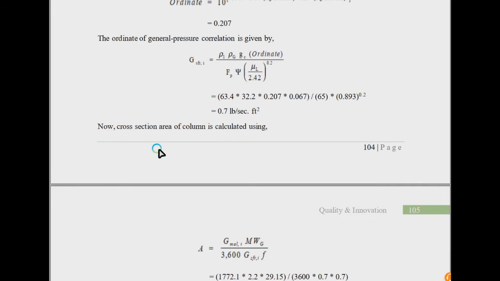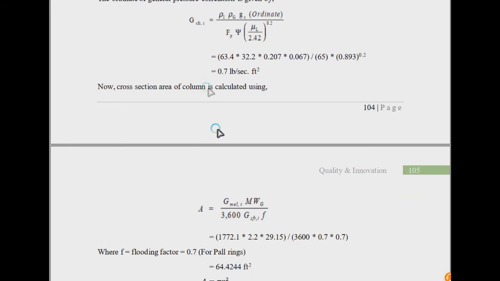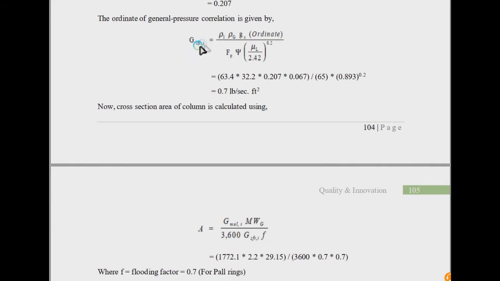Now the cross section area can be calculated using a simple relation. For example, this G is not lb mole per hour like the G you have seen above. This will be the mass velocity, sometimes called the mass per unit area, or lb per hour feet square.